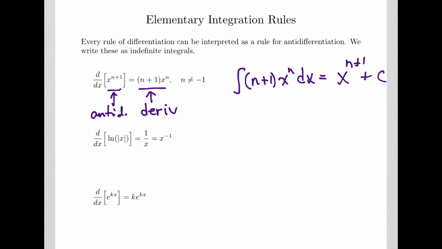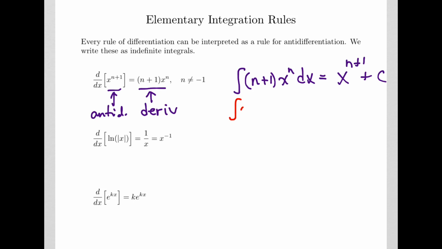Now, we usually don't want to have this n plus 1. So if I divide both sides of my original formula by n plus 1, I can get my ordinary rule of integration.